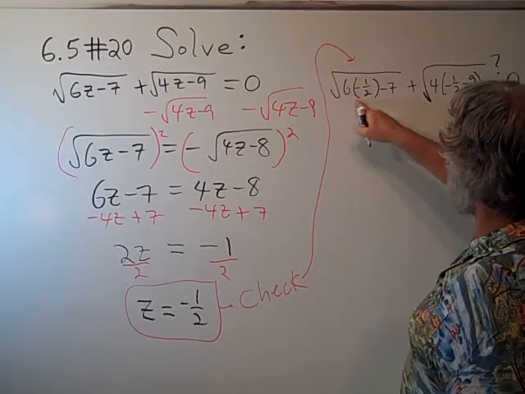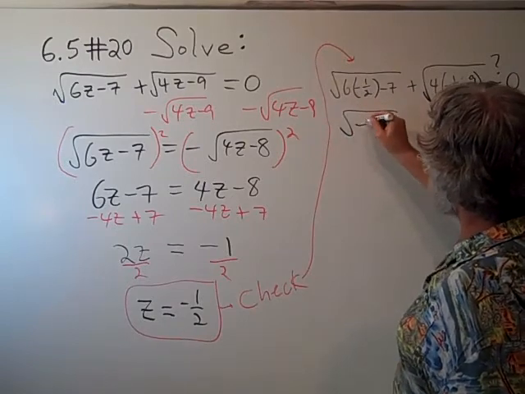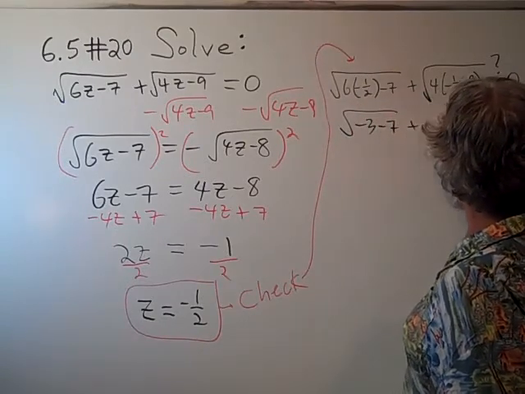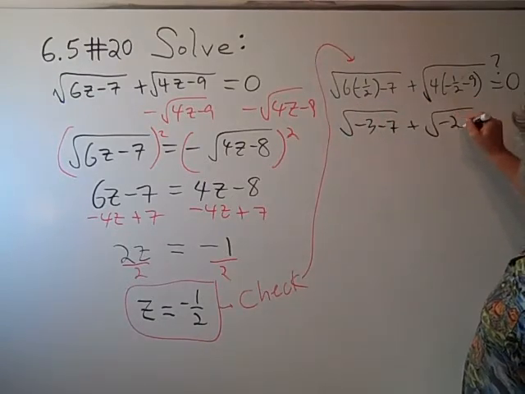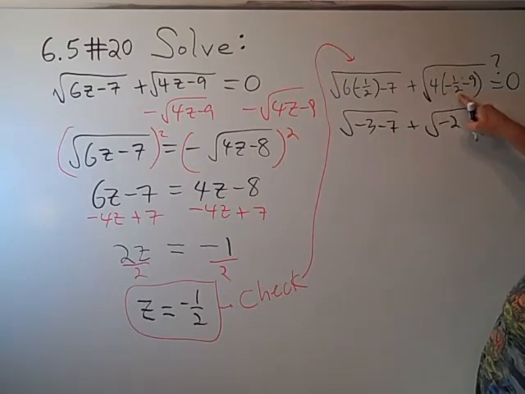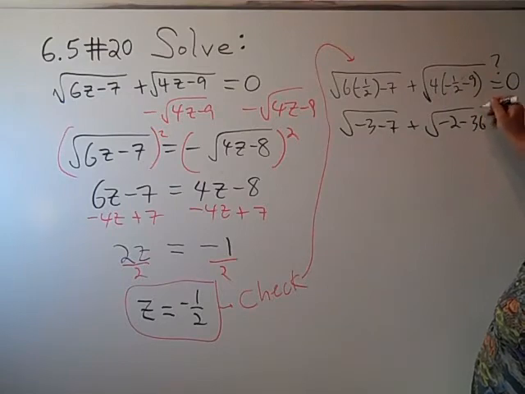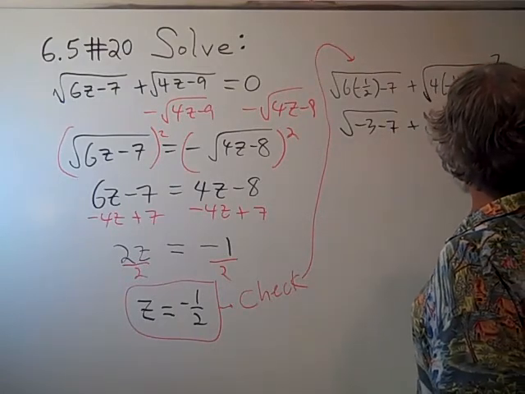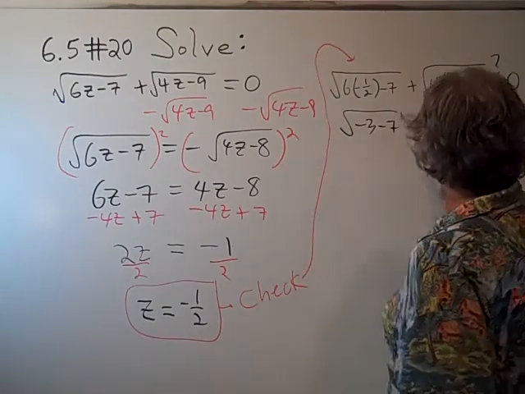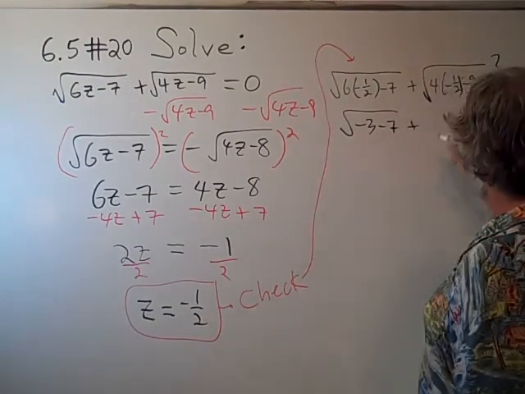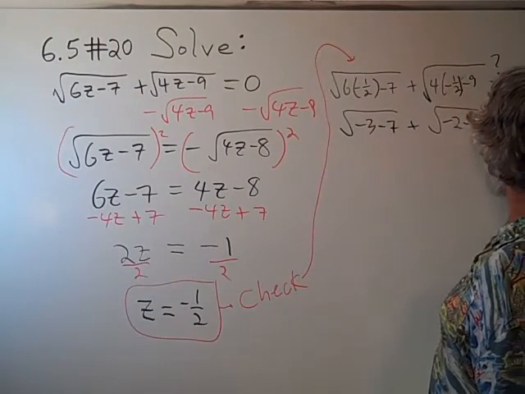This is negative 1/2 times 6, that's negative 3, negative 7, plus negative 2. Oh, I'm sorry, it's 4 times the things like this. Yeah, of course. So this one is negative 2, negative 9.